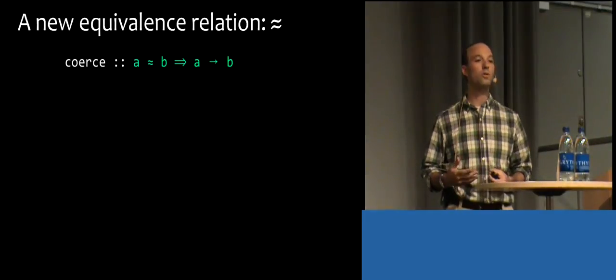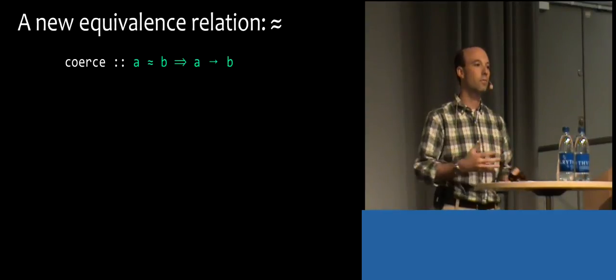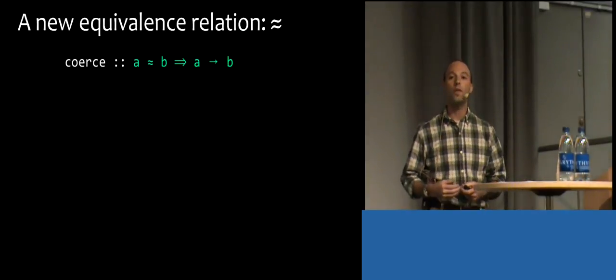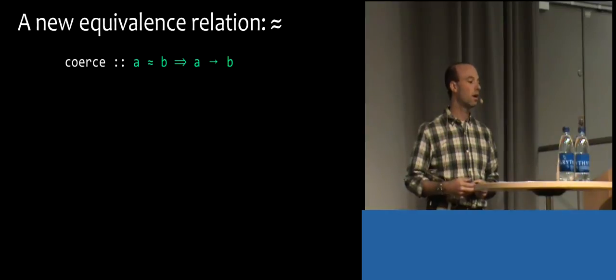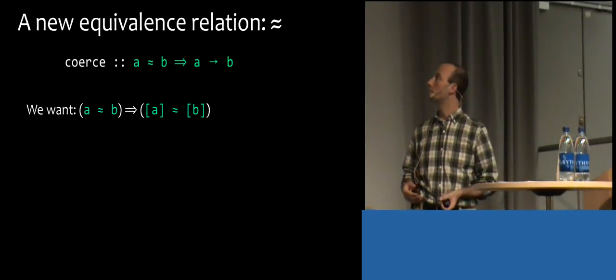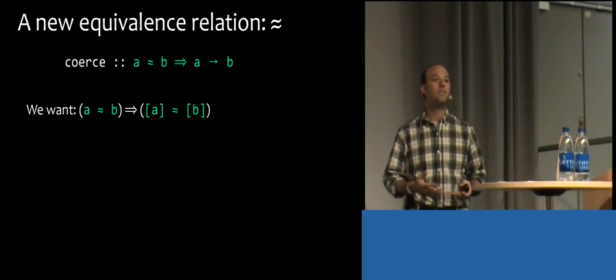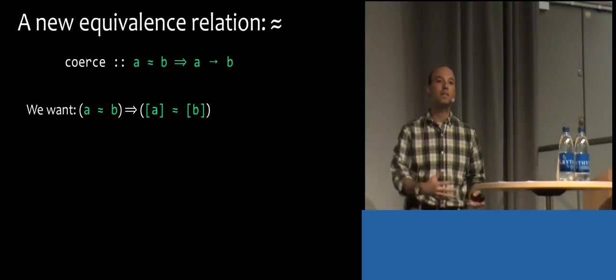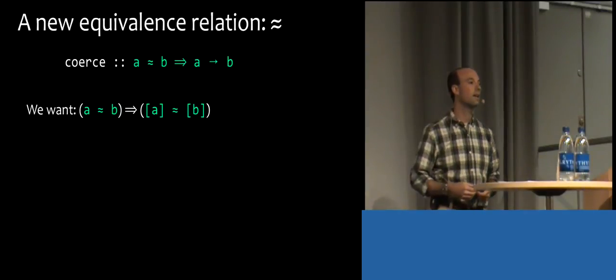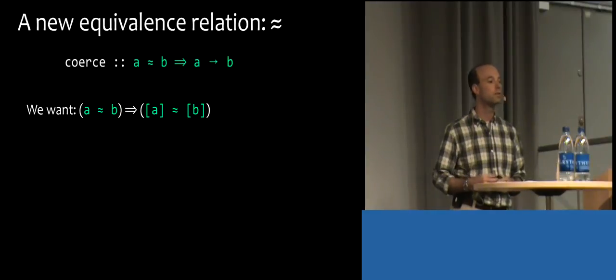And we're going to have a coerce function that says that when A and B are Coercible, we can get from A to B. We want this function to take no time in a running program. So according to the example that I set up, as long as A and B are Coercible, we want the list of A to be Coercible to list of B. So we can lift this operation through lists and be able to get that string list operation to be free.